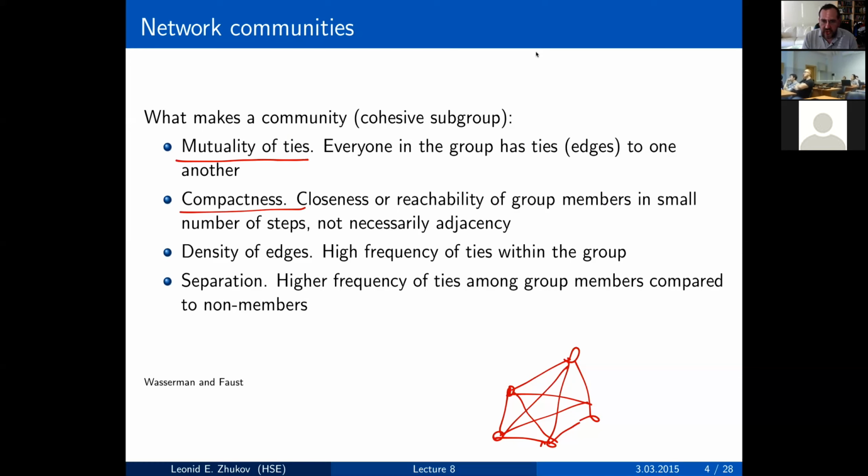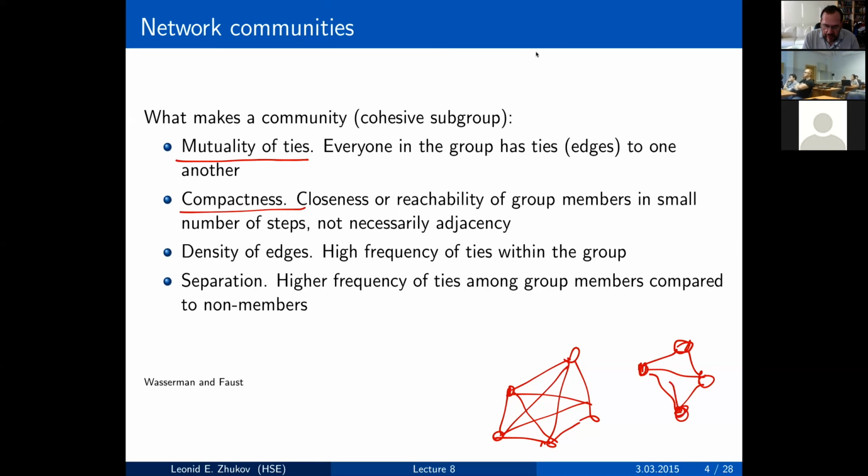What I have just drawn, this is reachability for every node to every other node in one step. They're all adjacent. But in fact, you might have pretty tight connections with, say, one of the links missing, and then reachability can be in 2 steps.